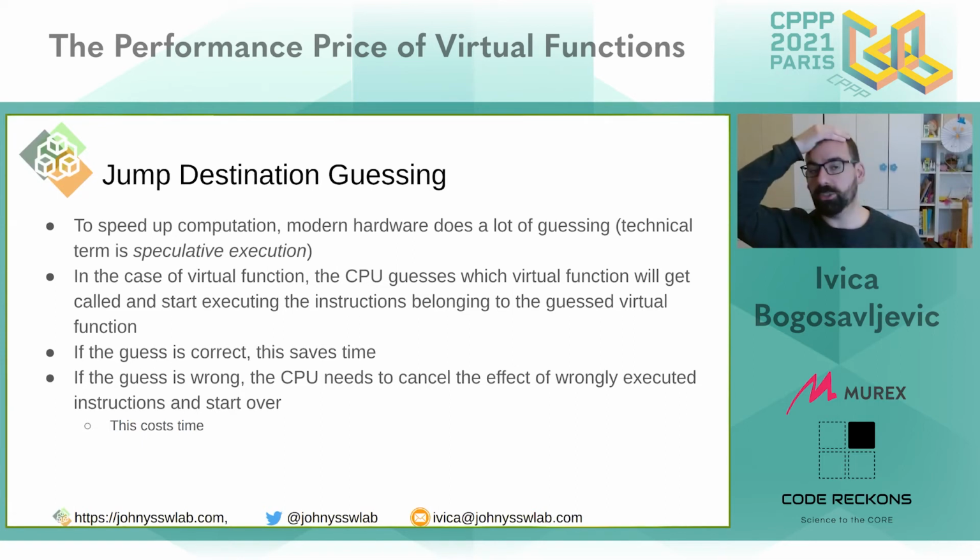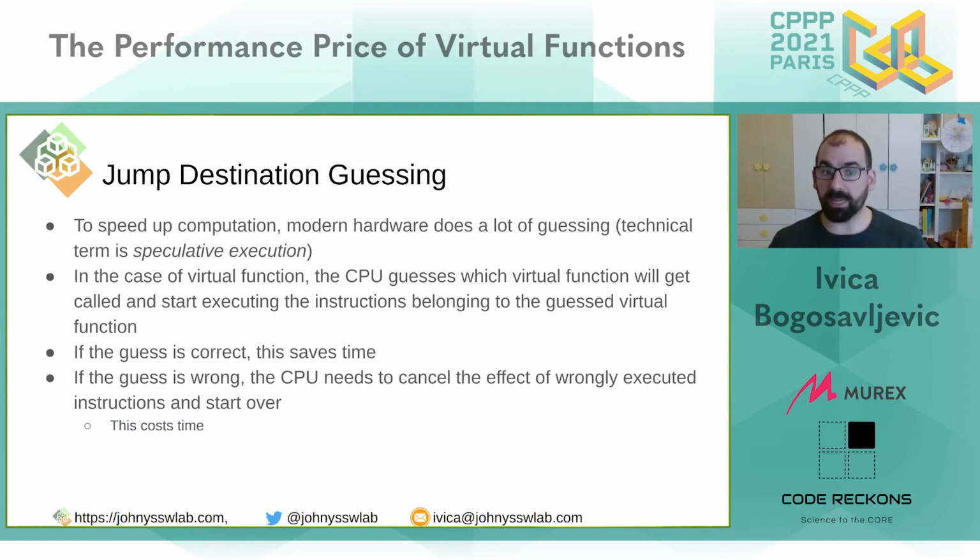In the case of virtual functions, the CPU tries to guess which virtual function will get called, and then starts to execute instructions that belong to the guessed virtual function. If you're processing objects in a loop and there is a certain pattern to how the types change, for example if your vector is sorted by type, then this guessing mechanism works correctly.